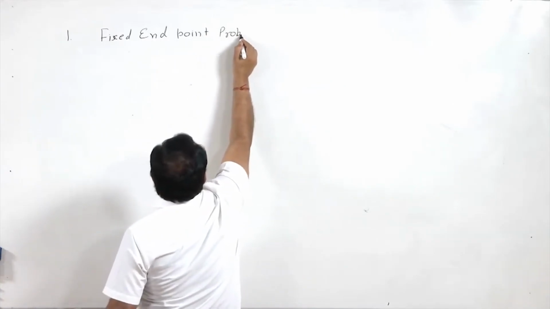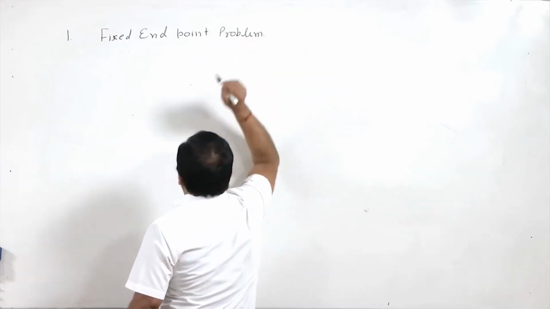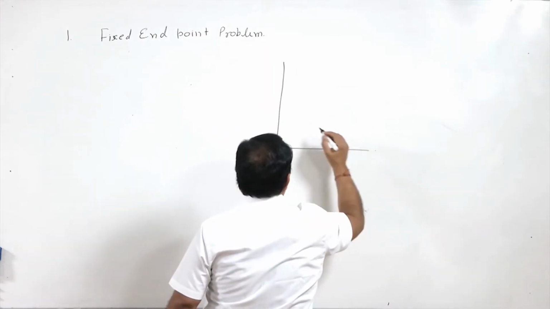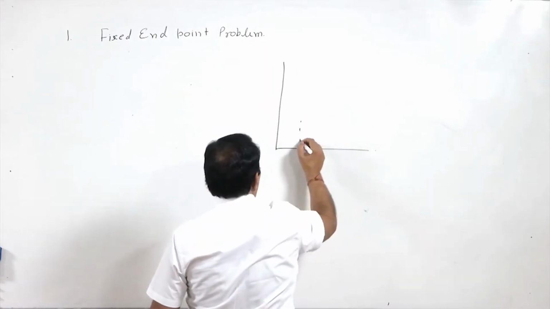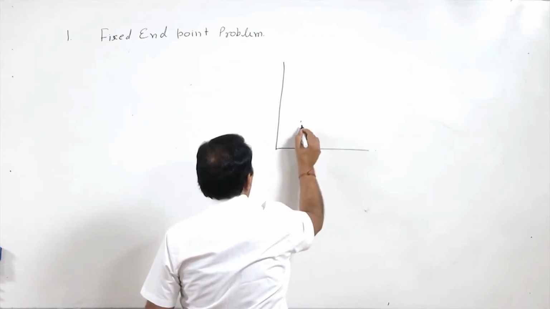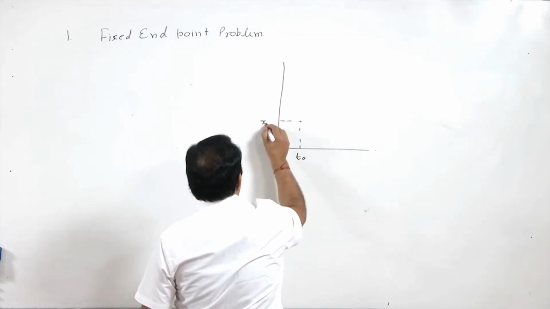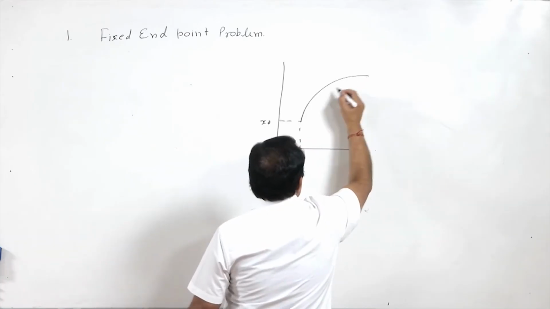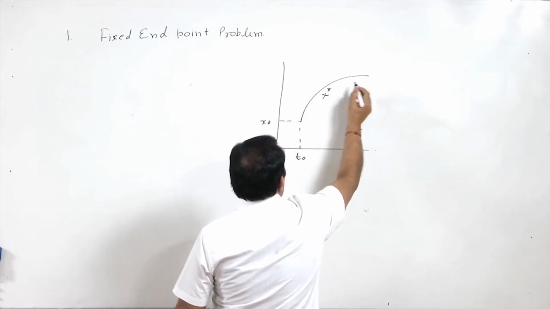So, what is my fixed endpoint problem? I am given T0, this is x0, and let this be my x star.